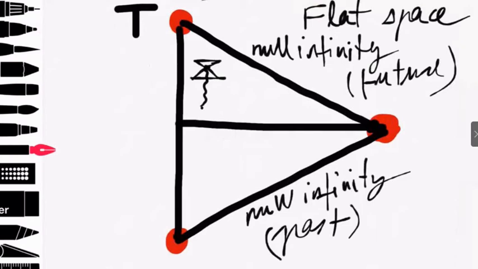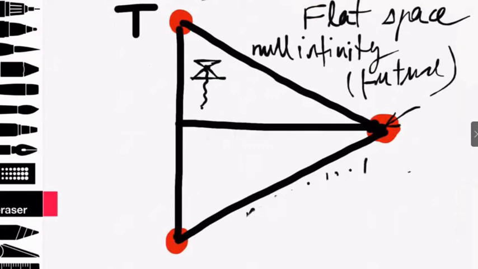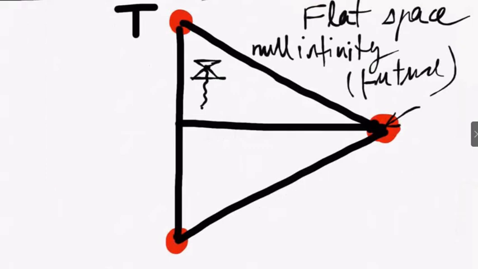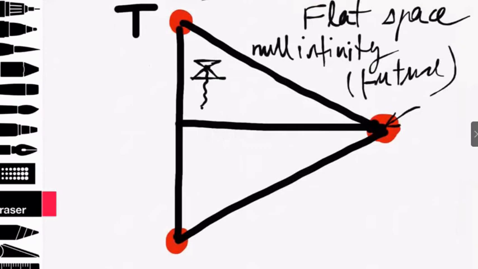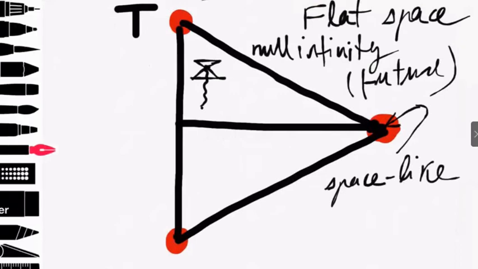This point here, the red one on the right, is what we call a spacelike infinity.